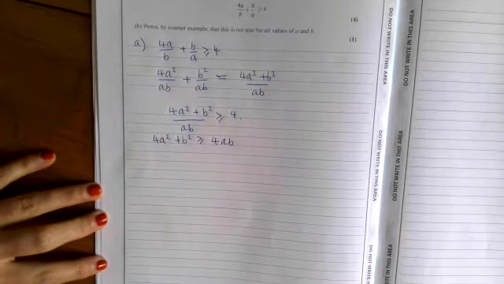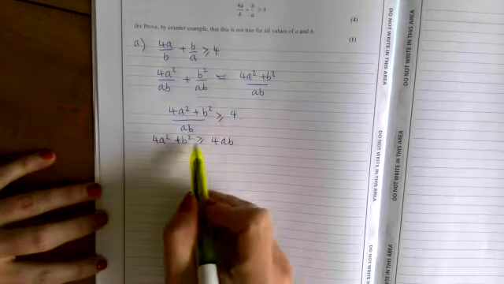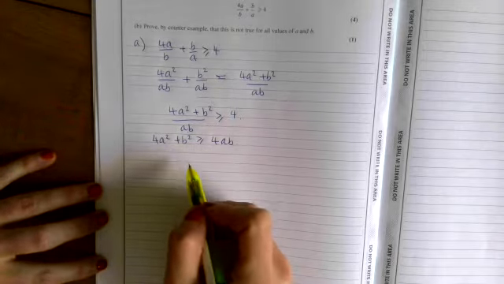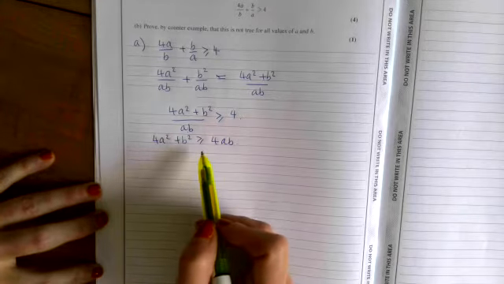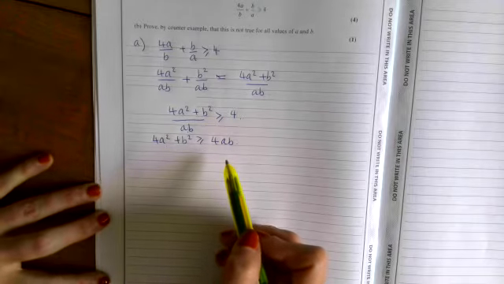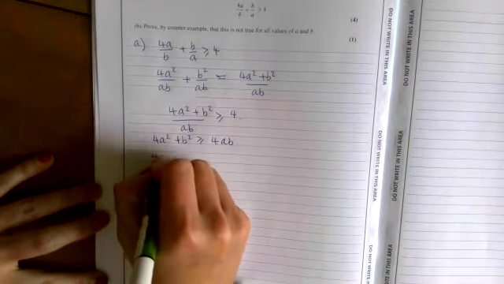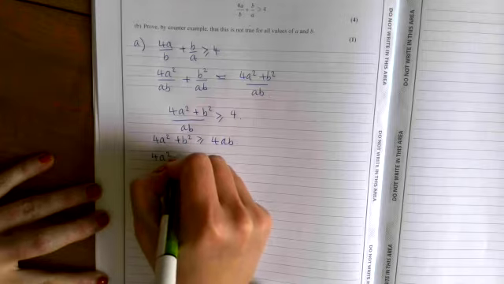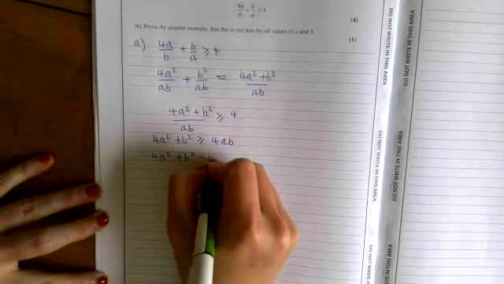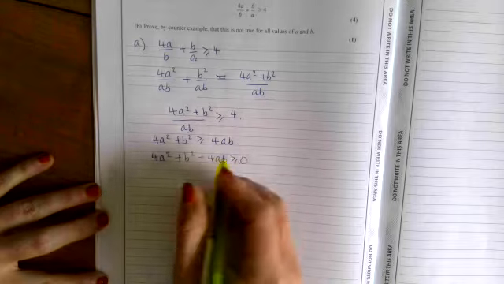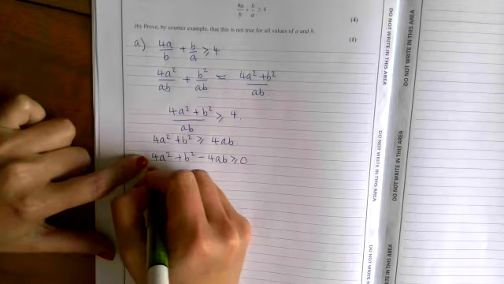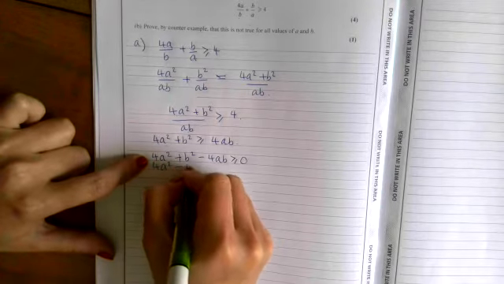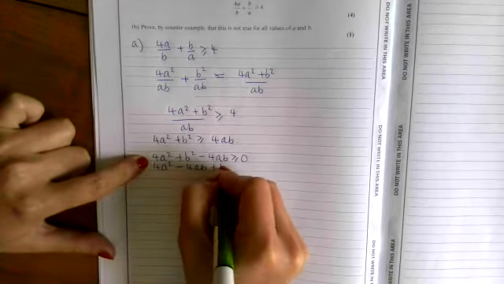And I can spot here that if I actually take this over to one side, it becomes something that I can factorize. It becomes something squared, actually, which is really, really useful. So 4A squared add B squared, take away 4AB is greater than or equal to 0. And this is definitely true because I can rewrite this. It might help you to spot it if I write it like that.